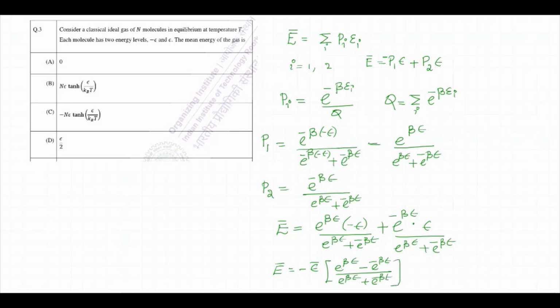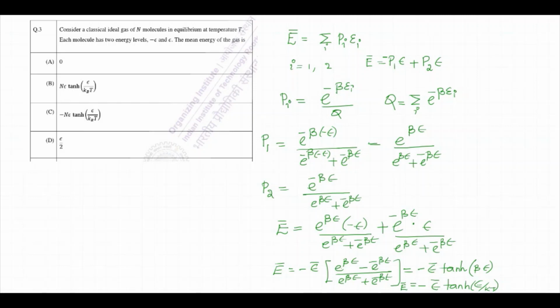The term inside the bracket is nothing but tanh beta epsilon, and beta is nothing but 1 by kT, that is the relation between beta and the Boltzmann constant. So it is minus epsilon tanh epsilon by kT.